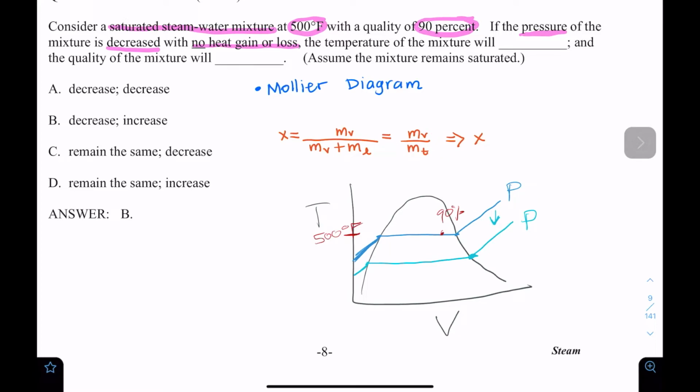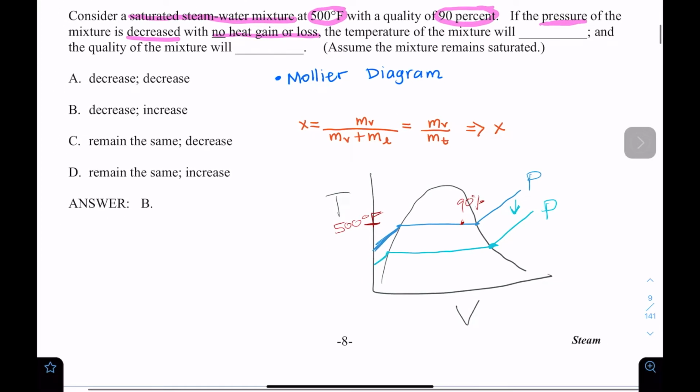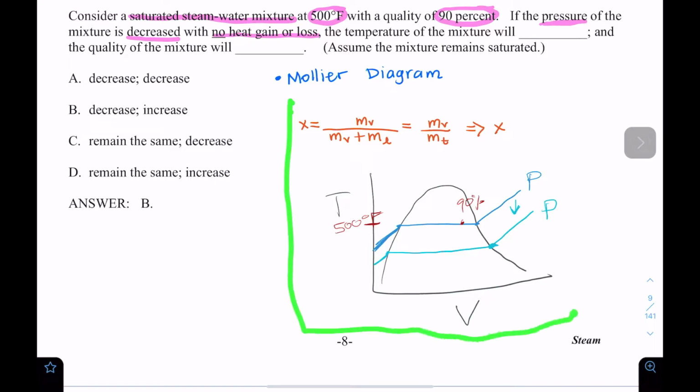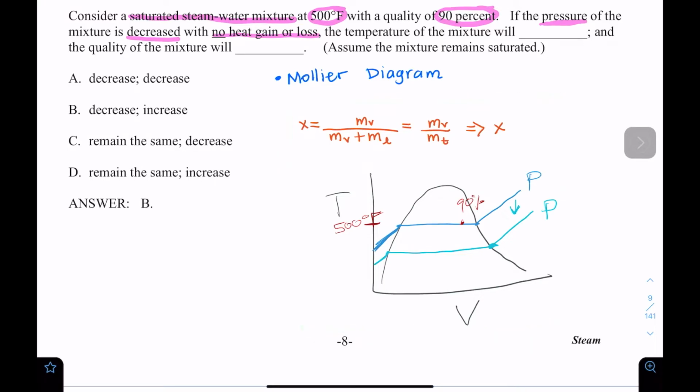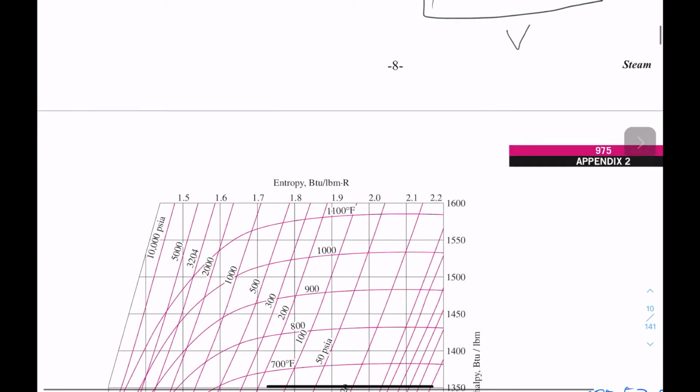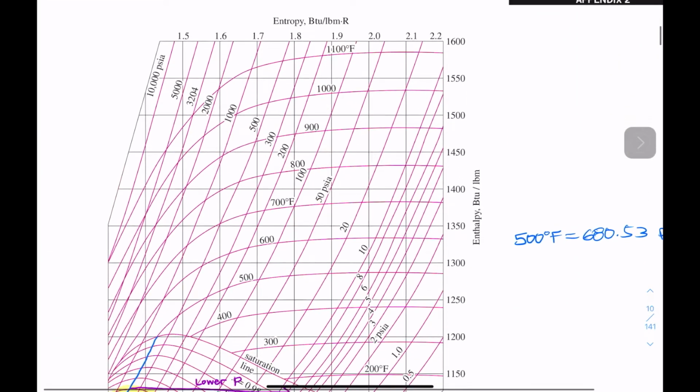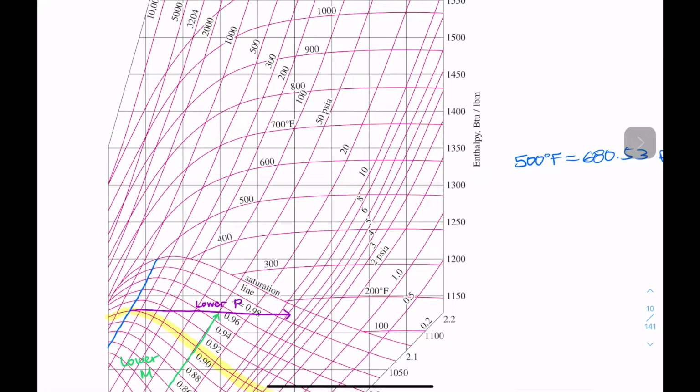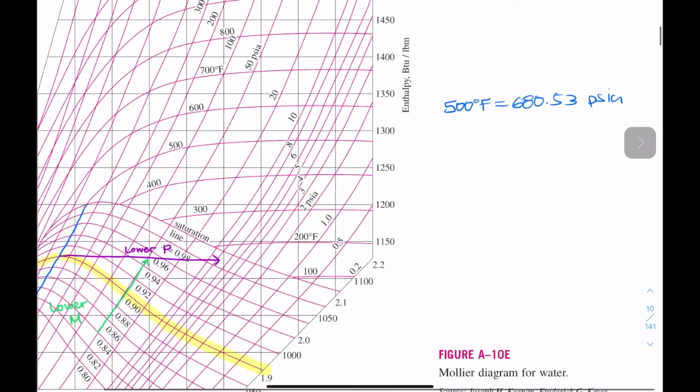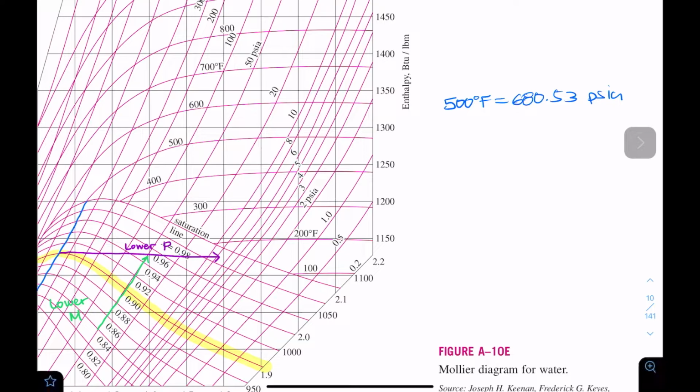But we can use this assumption; this can be one of the things that we can use. But for this case, we have to use something different, because it's not giving us the right answer. So what are we going to do? We're going to use the Mollier diagram here. We said that we have a temperature of 500 Fahrenheit, and that's 680 psia. Where am I?